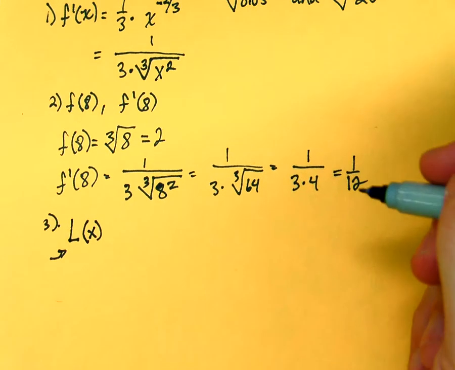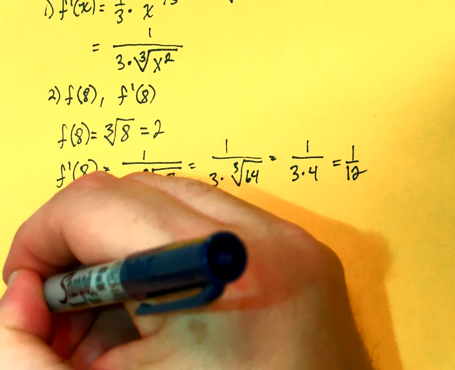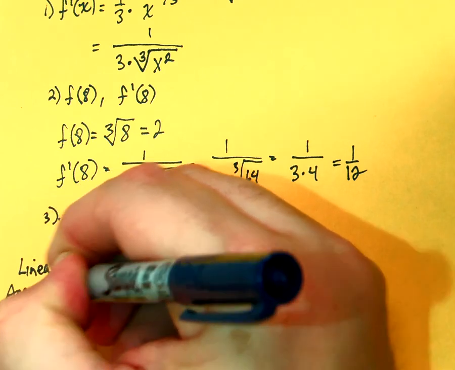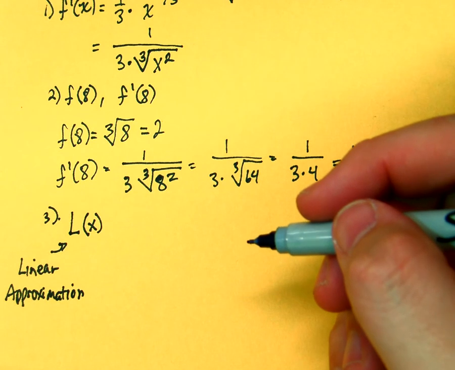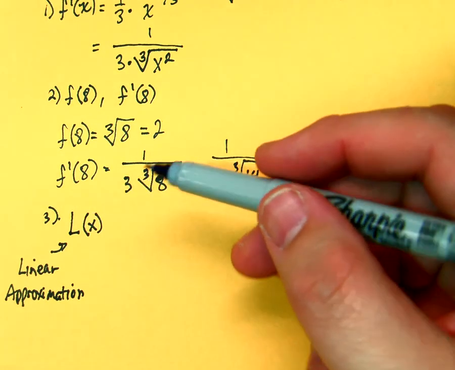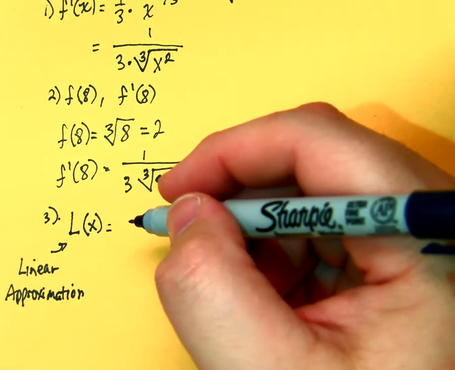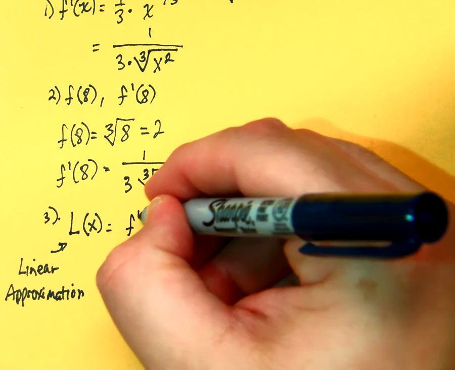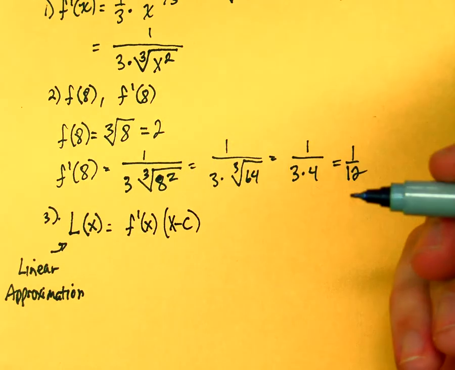L for linear approximation. Our creativity is all about making sure that we can look at this and say, well, L probably stands for linear. Logical creativity, that's what I call it. This is going to be f prime of x times x minus c plus f of c.